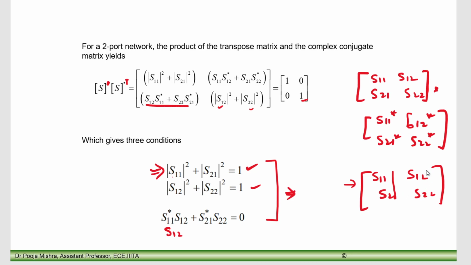Let me show you in another way. I am explaining it over here. Let's say this matrix is given to you, S11, S12, S21, S22, and you are asked to determine whether it is lossless or not.